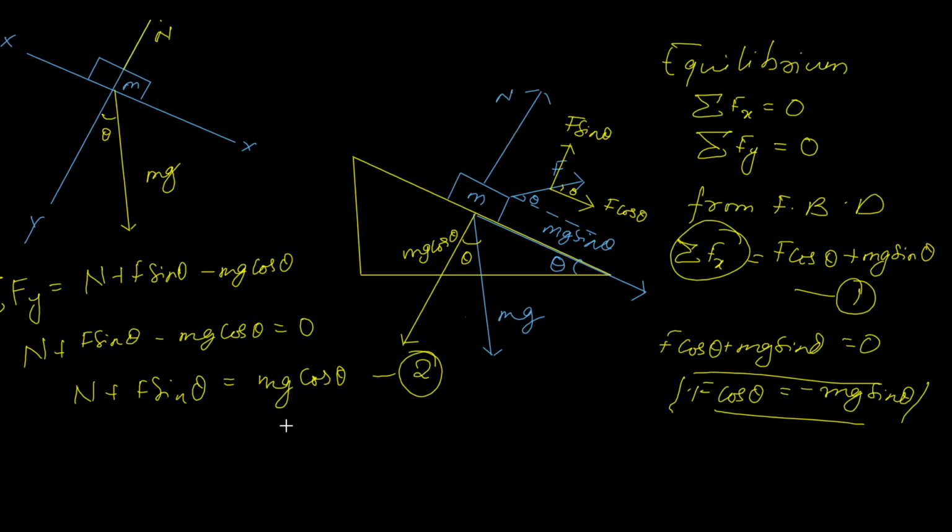Because here you see F cos theta and mg sin theta are in the same direction, so there has to be some motion in this direction, but we are saying the body is at equilibrium, so something must be acting in this direction which is countering this force. We are not discussing it right now, so later on we will discuss that.